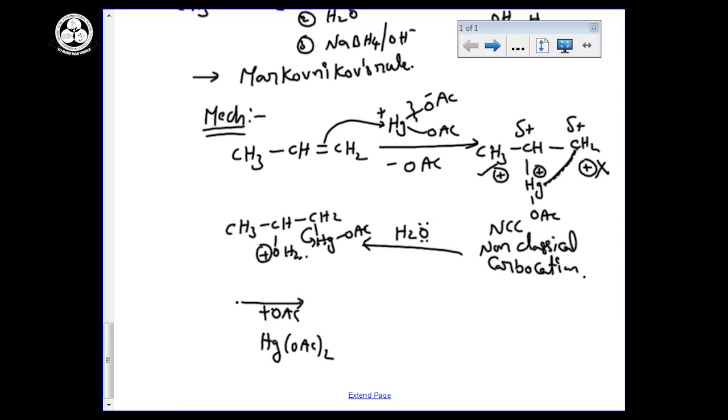So minus I am giving, here plus, here plus, and add sodium borohydride, NaBH4. Hydrogen we are adding. Remove the water, and we can get the answer CH3, CH, OH, CH.